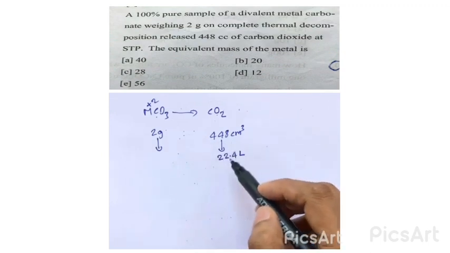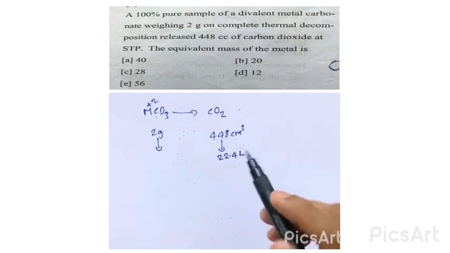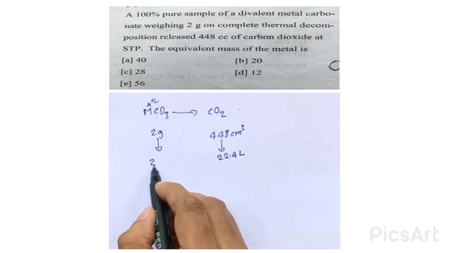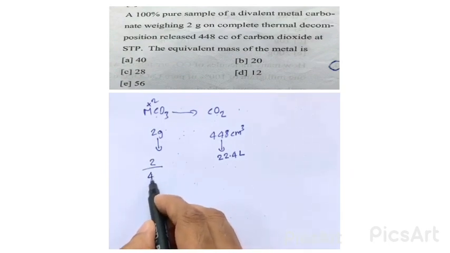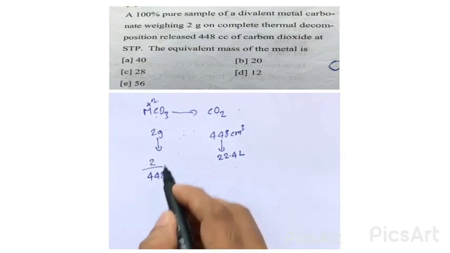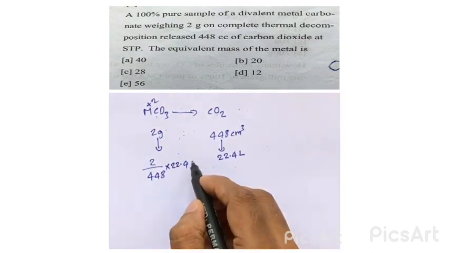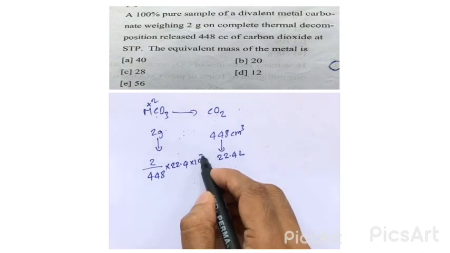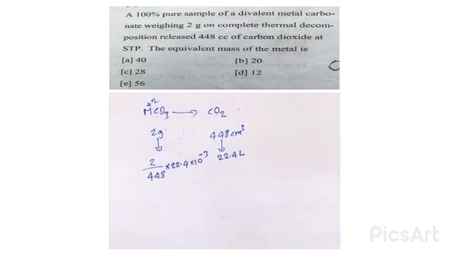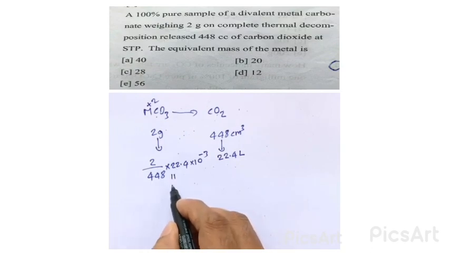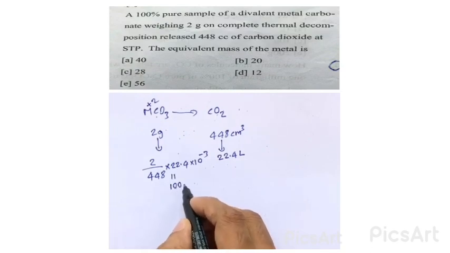For that, 2 divided by 448 into 22.4 into 10 raised to minus 3. When we divide all these values, the answer will be 100.